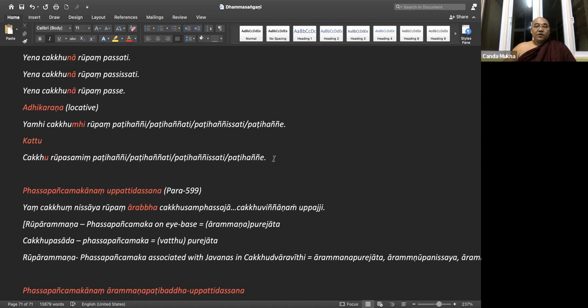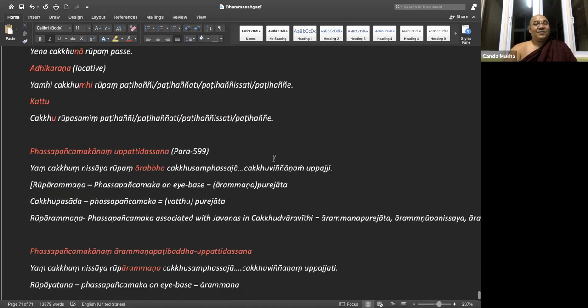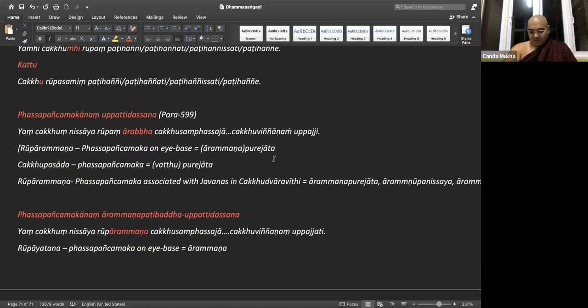If you read the Dhammasaṅgaṇīpāḷi, paragraph number 599, you can see phassapañcamaka, the arising of the 5, led by phassa. That is the Pali I quoted from the Dhammasaṅgaṇīpāḷi.